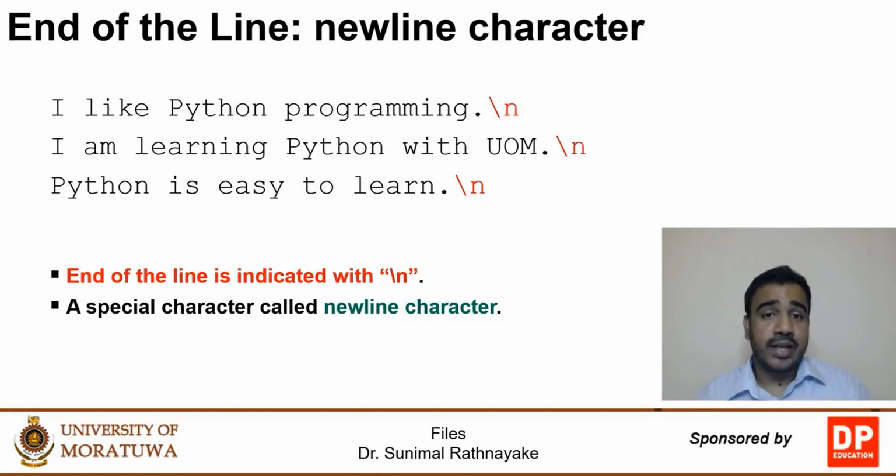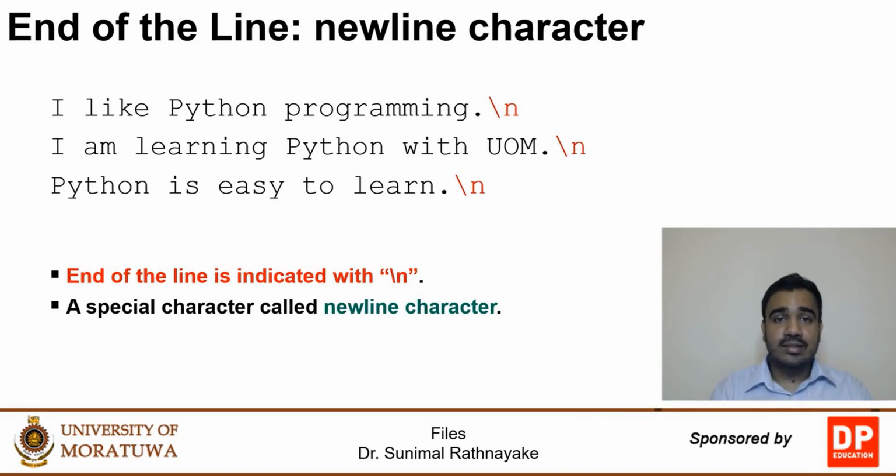You may wonder how Python determines the end of a line. For example, the readLine function needs to locate the end of each line of the file to read the contents line by line. In Python and most other programming languages, the end of each line in a text file is indicated with a special hidden character called the newline character. The newline character is written with the symbols \n and is placed at the end of each line.